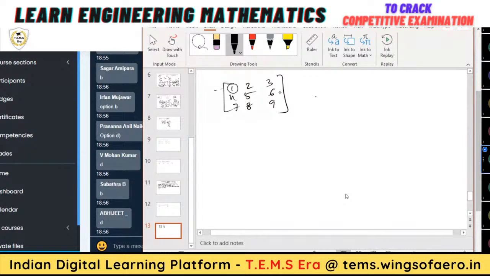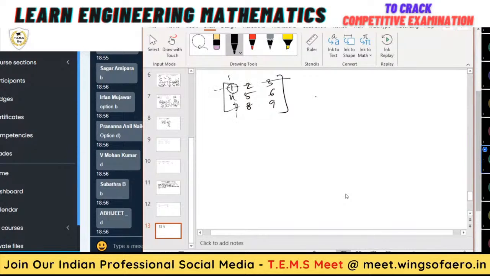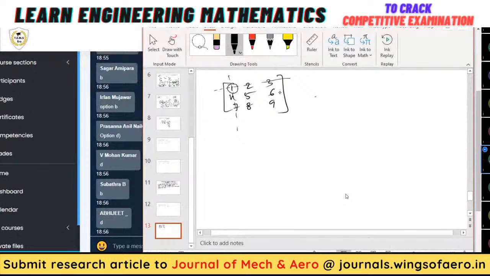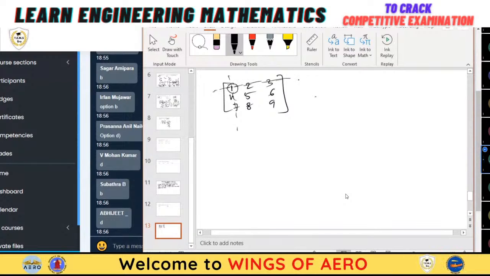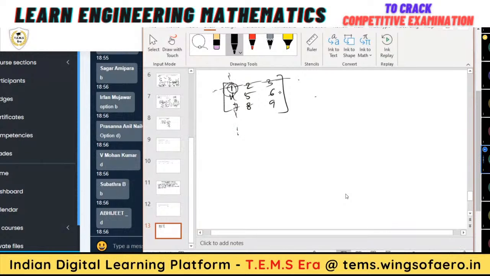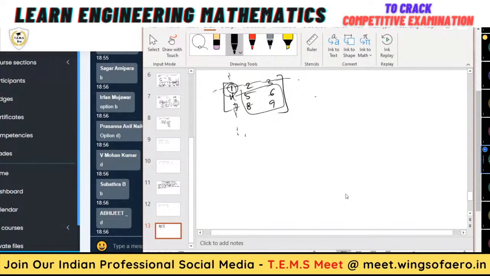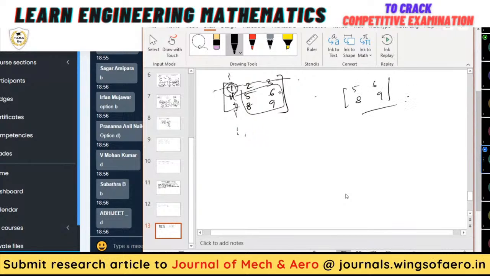Just consider the row and column which intersect the element 1. The intersecting row and column will be deleted. The first row and first column intersect at 1. So I delete the first row and first column, and the rest of the elements is called the cofactor. It is 5, 6, 8, 9. This is the cofactor of 1.